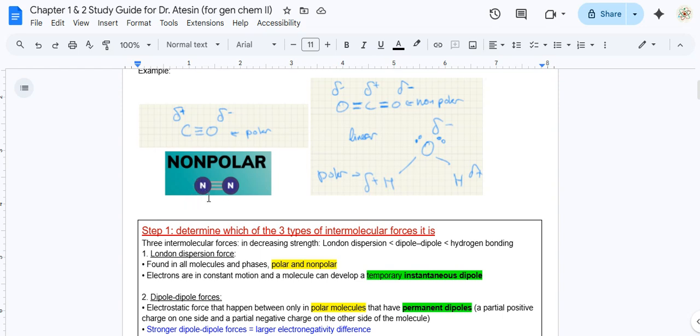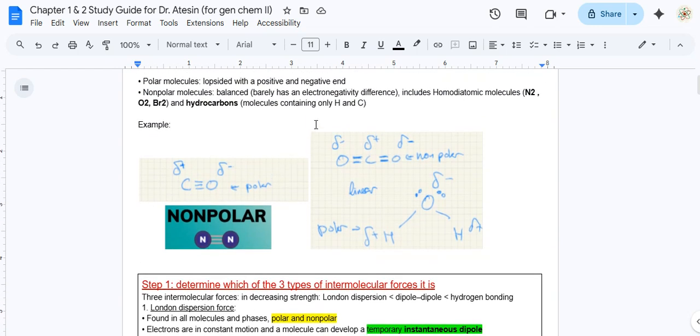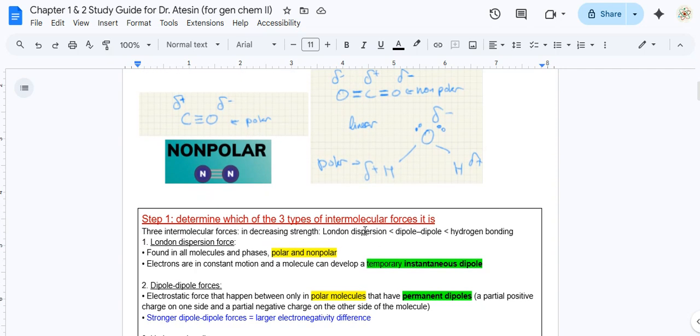So there could be an end that's a little bit negative and an end that's a little bit positive. And we call this an instantaneous dipole. So molecules with London dispersion force can develop a temporary instantaneous dipole.